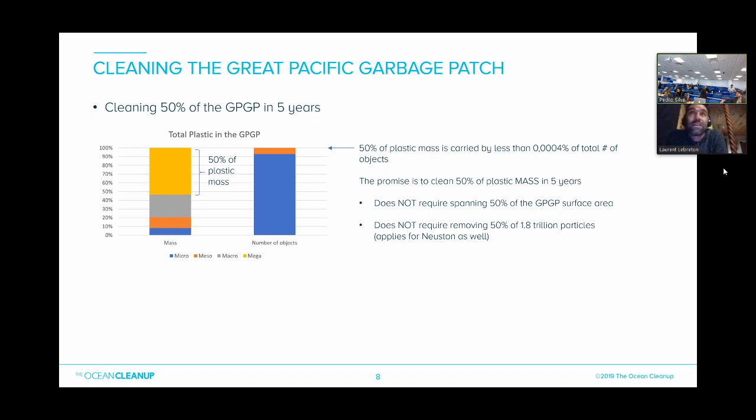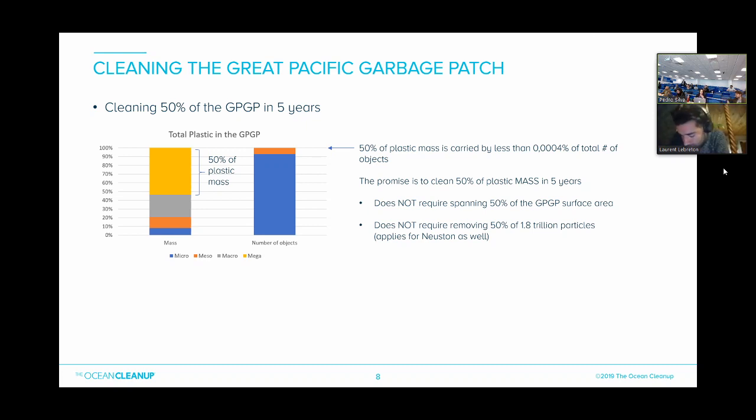And I'm not saying it's completely wrong, but I just wanted to raise this, right? And this whole discussion and this whole symposium, I think, goes back to that misunderstanding. It's like, 50% of the garbage patch means that we're going to scoop 50% in 5 years of the surface of the ocean. This is not what we're saying we're doing. Okay.